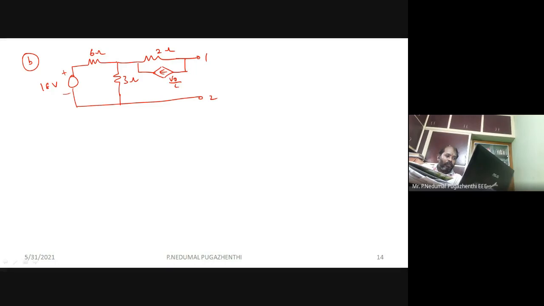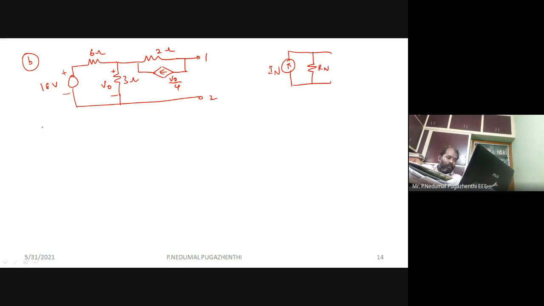This is V naught by 4 and this is provided as V naught. They are asking to find the Norton's equivalent circuit. I can say that your Norton's equivalent circuit is going to be a current source in parallel with the resistor Rn. I am supposed to find In and Rn.